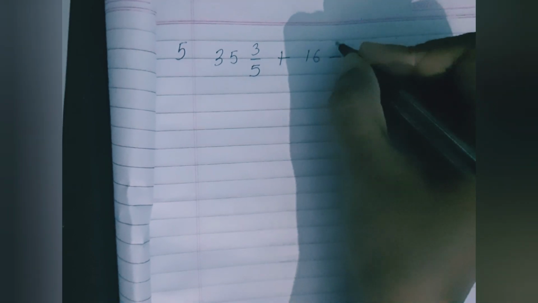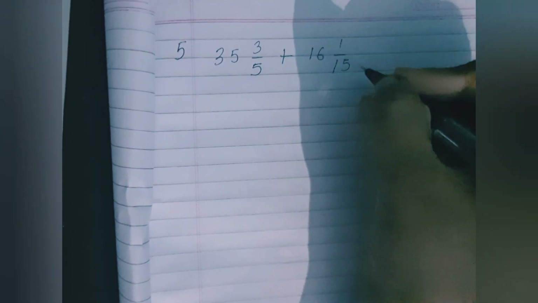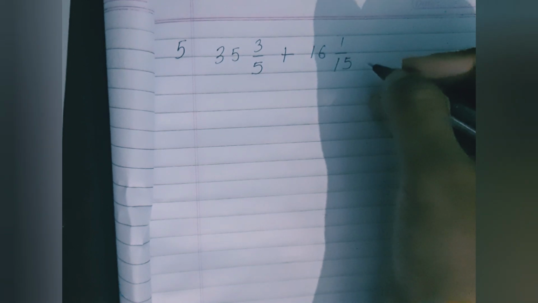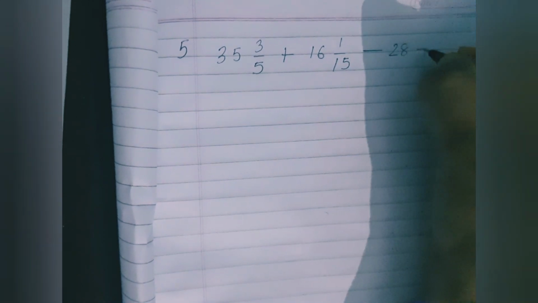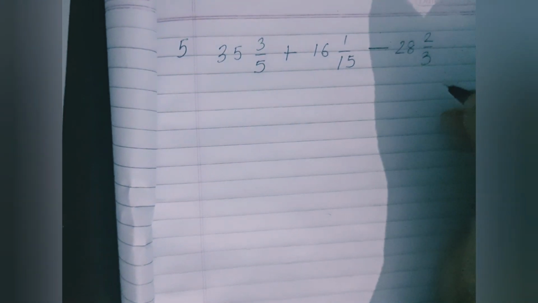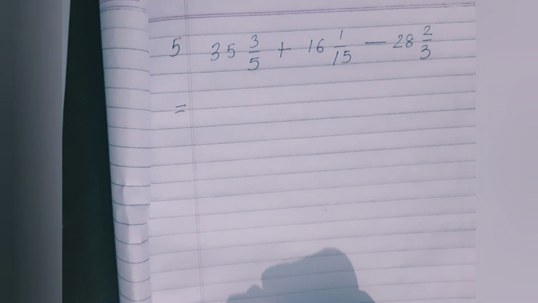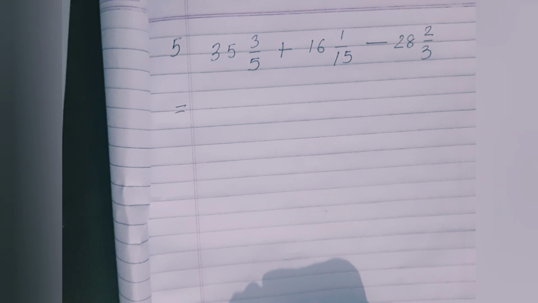So, question number 5, how you can write: 35 whole 3 upon 5 plus 16 whole 1 upon 15. And next it is said she spent rupees 28 whole 2 upon 3 on food, so minus 28 whole 2 upon 3. Now you will solve the same way. First you will change into improper fractions and then solve it.